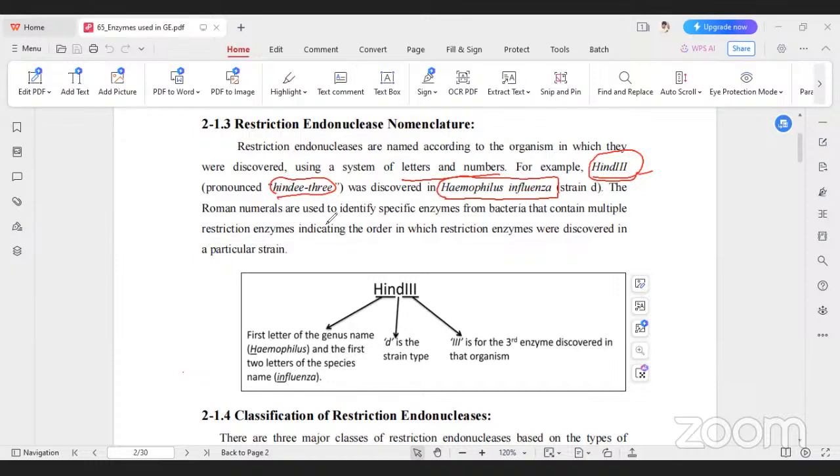The Roman numerals are used to identify a specific enzyme from bacteria that contain multiple restriction enzymes, indicating the order in which the restriction enzymes were discovered in a particular strain.